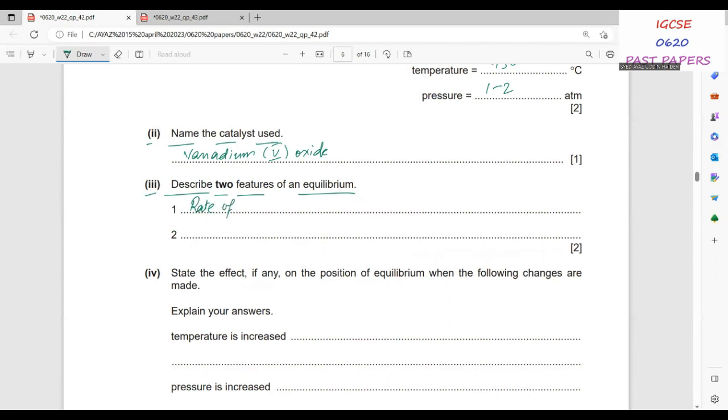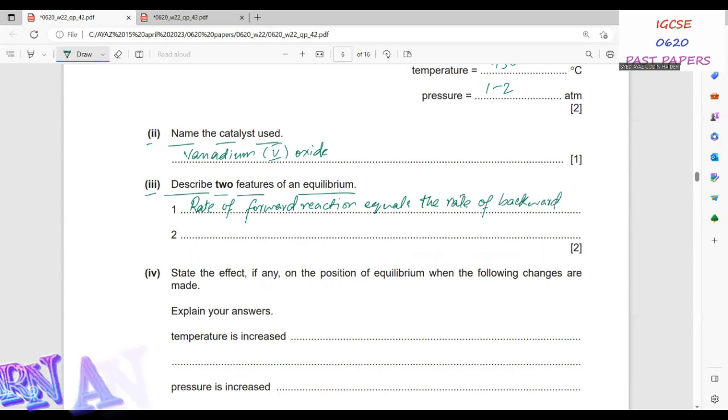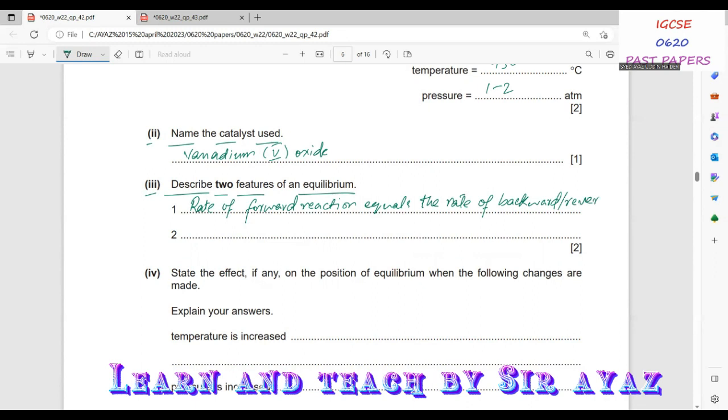Rate of forward reaction equals the rate of backward or reverse reaction.